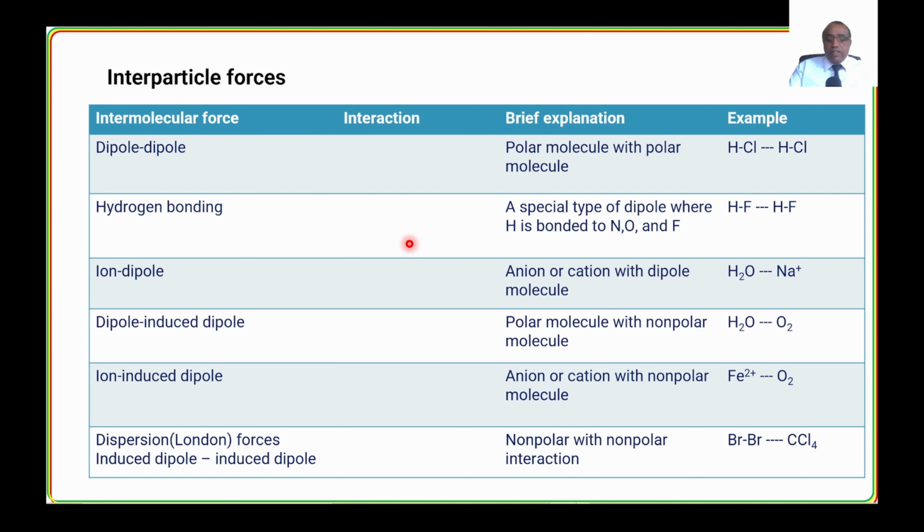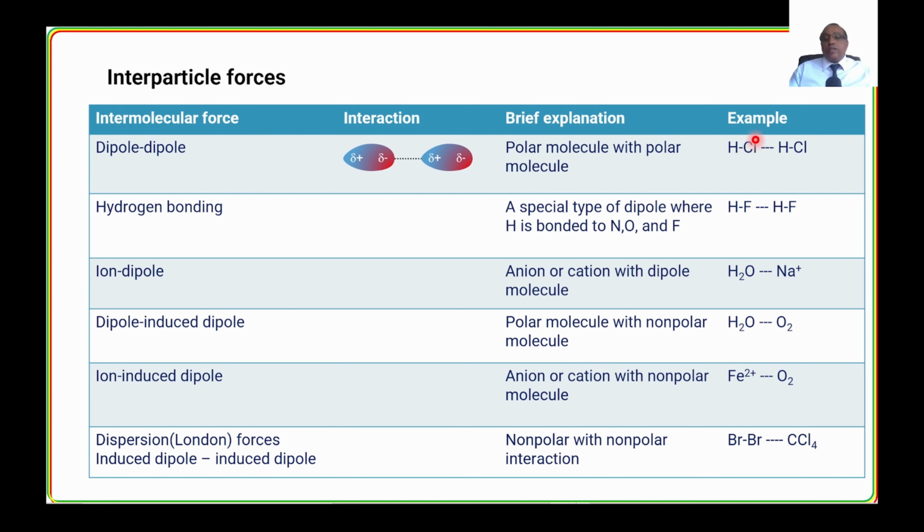These kinds of attractions are generally observed with polar molecules like hydrogen chloride. If you look at hydrogen chloride, hydrogen and chlorine are bonded here, so there is a bond pair of electrons between hydrogen and chlorine. But chlorine is more electronegative than hydrogen, so these shared electrons spend most of the time towards chlorine.